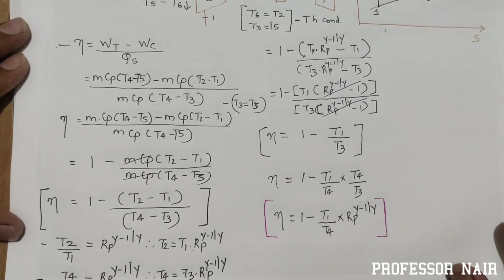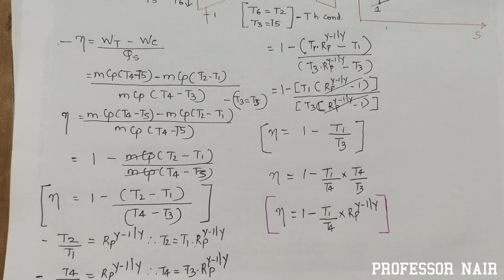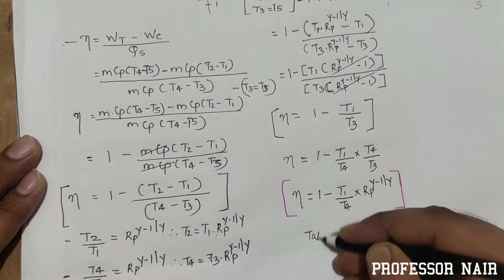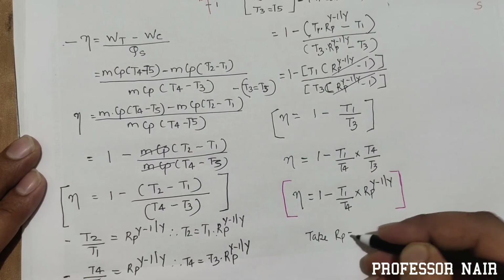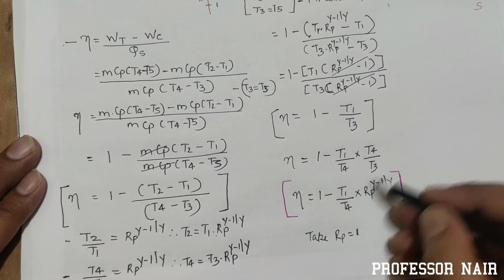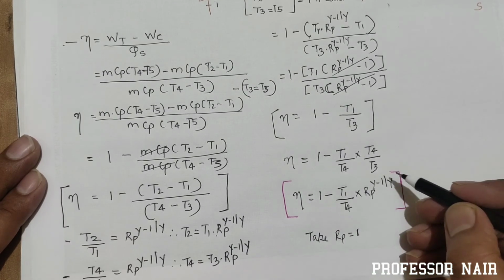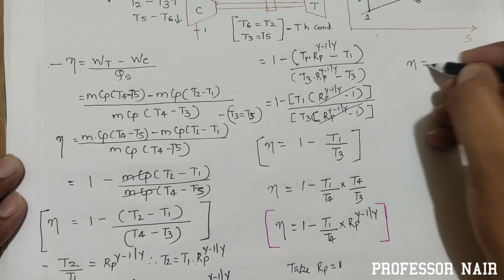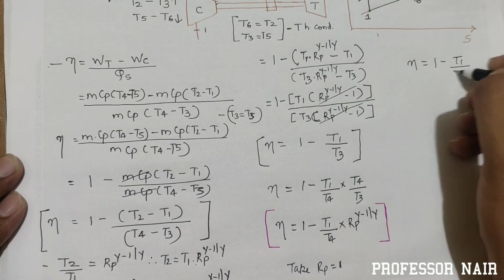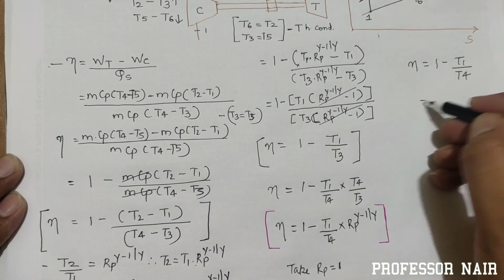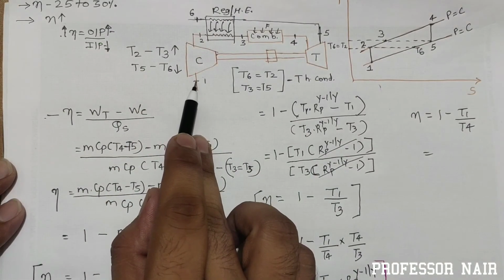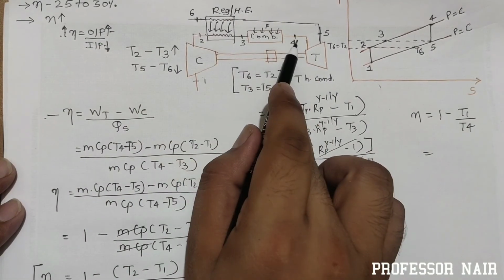This is the formula. Now what if I take the pressure ratio as 1? If my pressure ratio Rp is 1, 1 raised to any value would be 1 itself. So your final formula would be efficiency equal to 1 minus T1 upon T4, correct? T1 is the minimum temperature of this cycle, while T4 is the maximum temperature of this cycle.